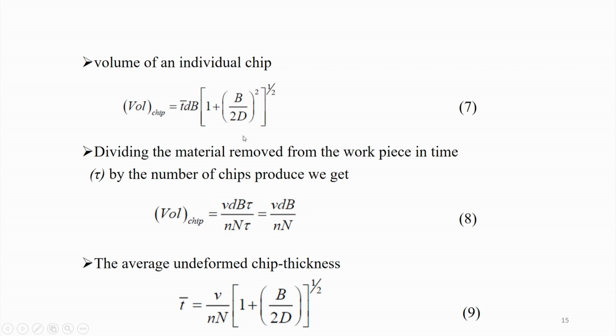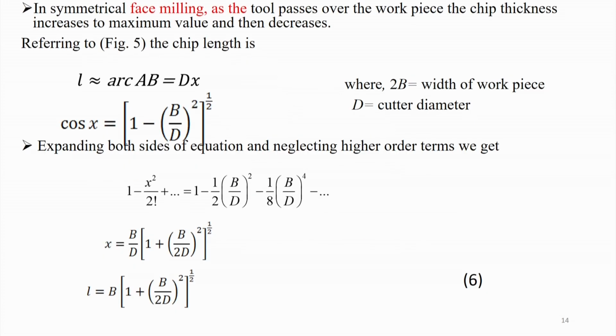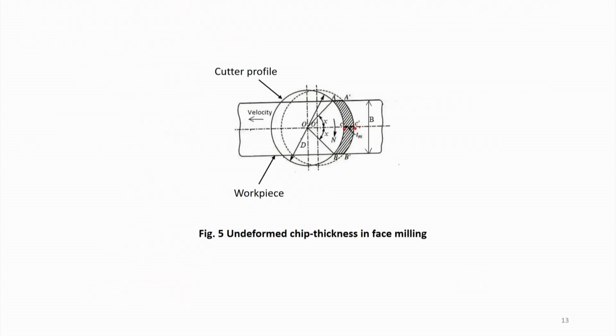And the volume of an individual chip is equal to T d B. The length is known, now I am multiplying the length by the average chip thickness and the corresponding small d, that is the depth in that direction, the axial depth.